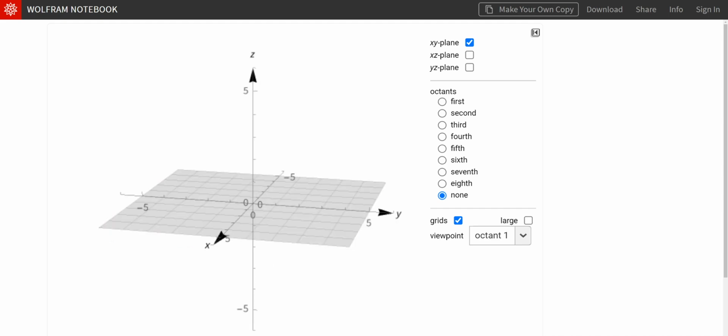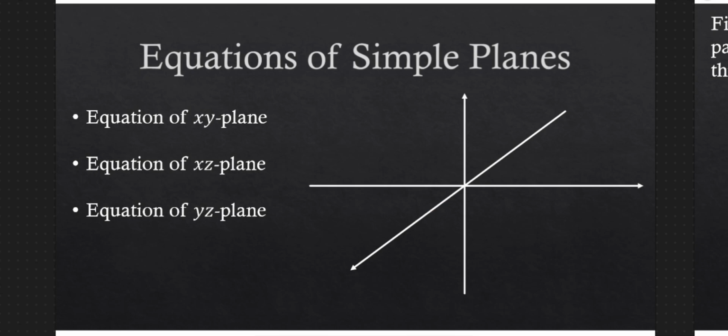That tells us the equation we should use for the xy plane. X is anything, y is anything, but we need z to be equal to 0. So the equation of the xy plane is just z equal 0. Easy, right? It's a fundamental object, and it has a very nice, easy expression for the plane.